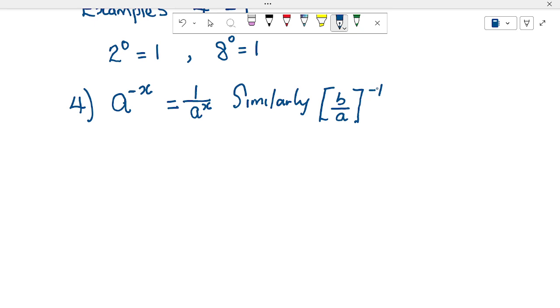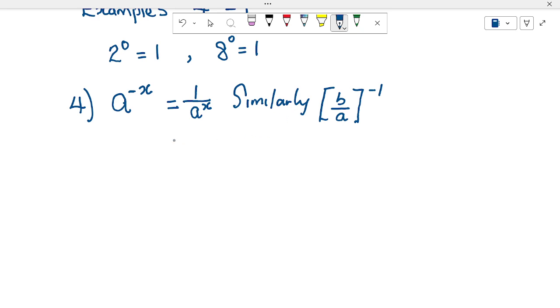This negative sign, like I said there, what did I say it will do to this whole expression? It will somersault it. Now here we have b divided by a, everything raised to power minus 1. This negative sign will do the same thing. It will somersault it.